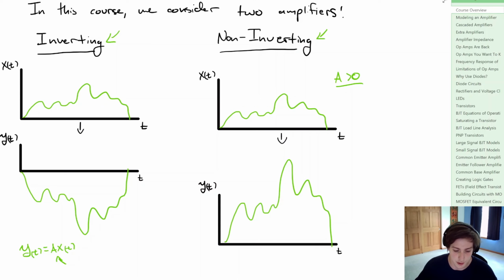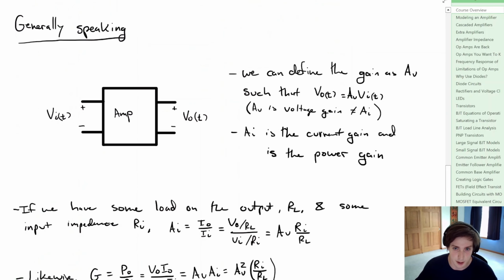So generally speaking, we can have an amplifier, as we have here, where it's just some general amplifier. We're going to have an input voltage and an output voltage. We can define the voltage gain, or we could just call that the gain for now, as this a subscript v, such that the output voltage is equal to that gain factor times the input voltage.